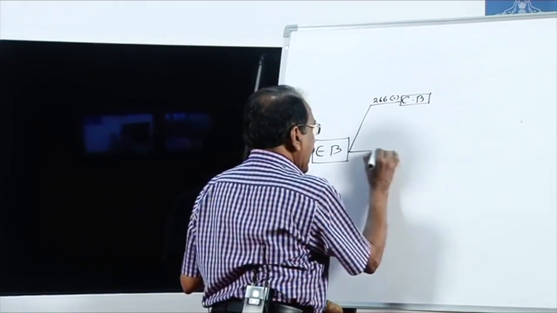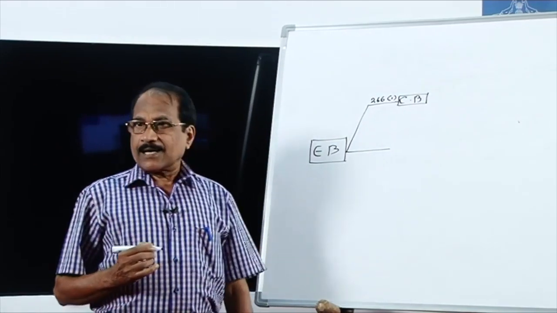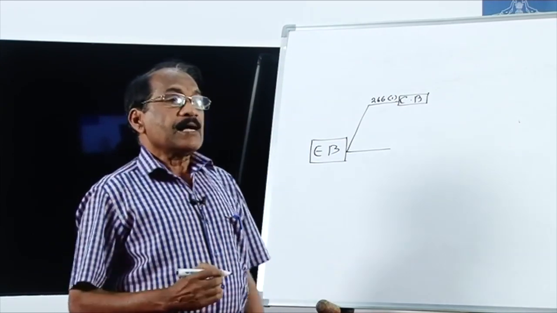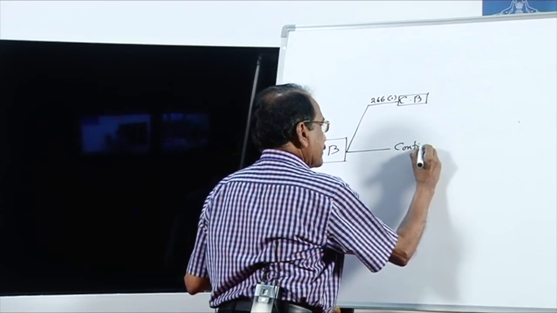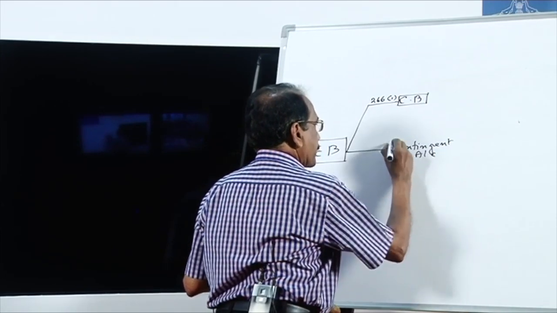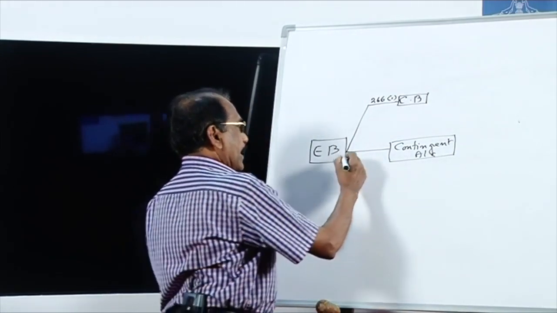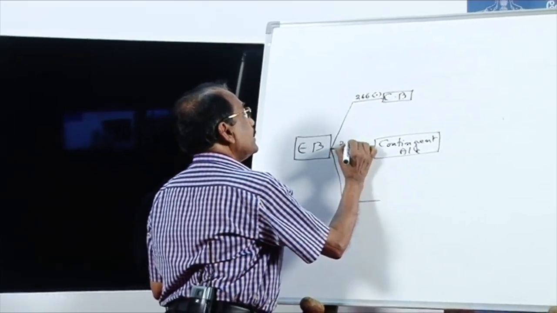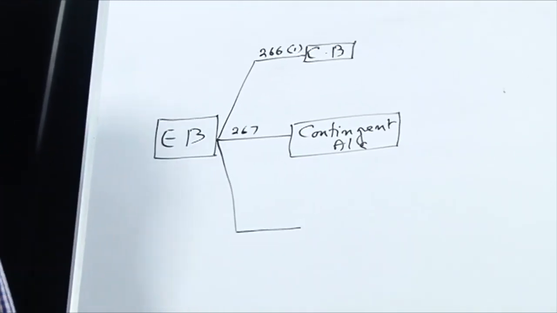Then another account is the contingent account. The contingent account or budget is also to be prepared. That is a separate one, and it is based on article 267.